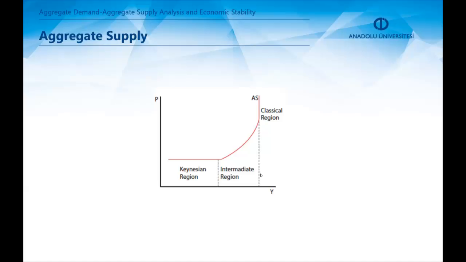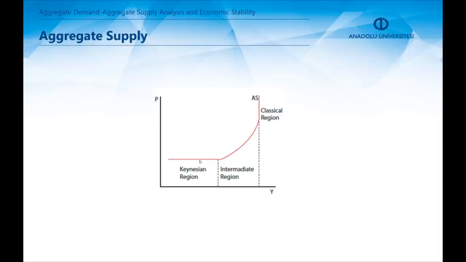For the aggregate supply, we have different approaches to explain the slope of the aggregate supply curve. For example, for the Keynesian region, we have a horizontal AS curve because this means idle capacity.